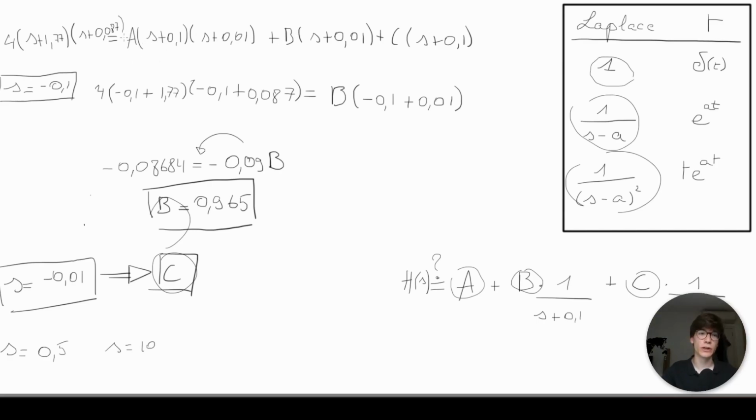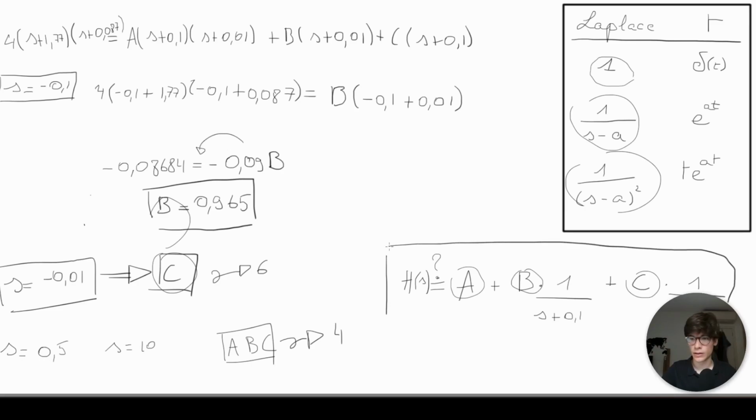So the only unknown here is a, and so we can solve for a. And now we have a, b, and c. I'll give you the values for a, b, and c. So c became 6, and a became 4.